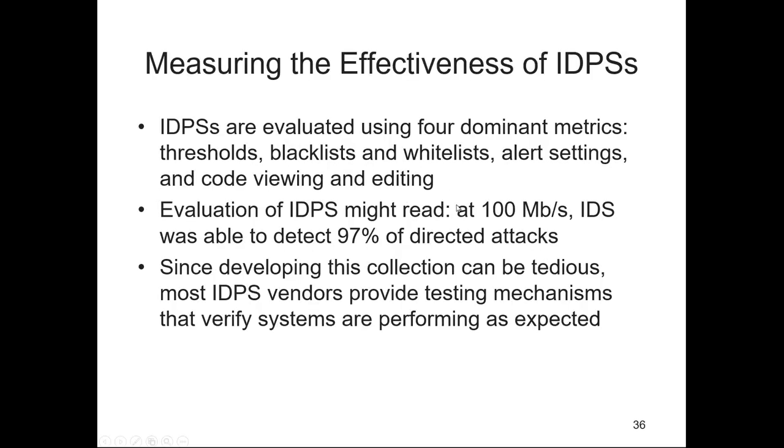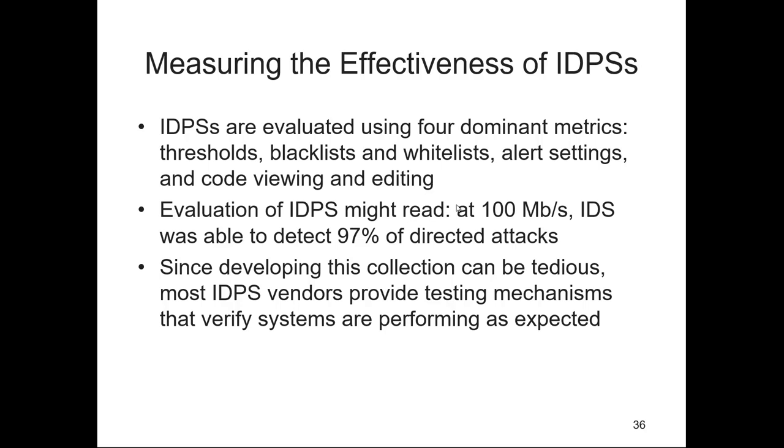The effectiveness of the IDPSs is measured and evaluated using two dominant metrics. The first metric is where the administrator evaluates the number of attacks detected in a known collection of attacks. The second, the administrator will examine the level of use, commonly measured in megabits per second of network traffic at which the IDPS fails.